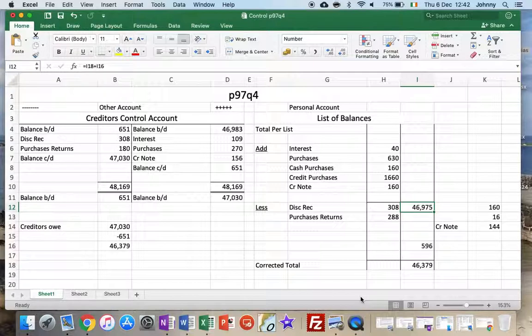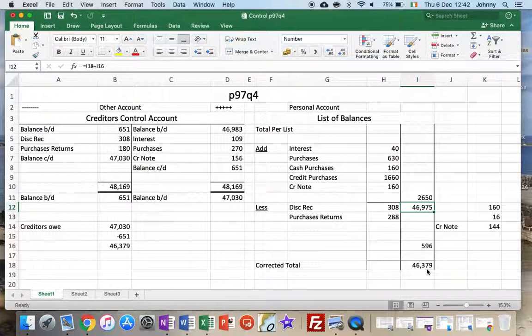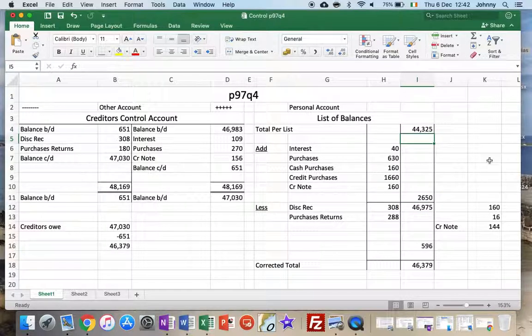So 46,379. Then I'll add up everything in my adds, and I'll do the same there. I'll do the opposite because I'm working backwards. I'll be taking that away. So 2650, so the original total for the list is going to be 46,975 minus the 2650. Hopefully that makes a bit of sense to you.